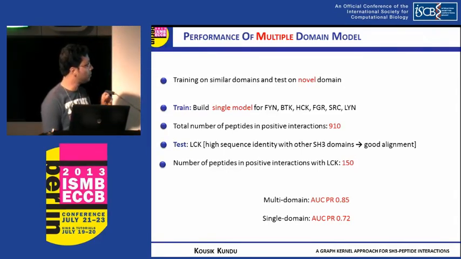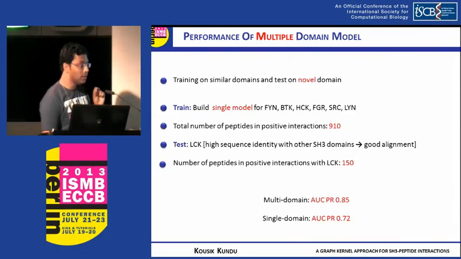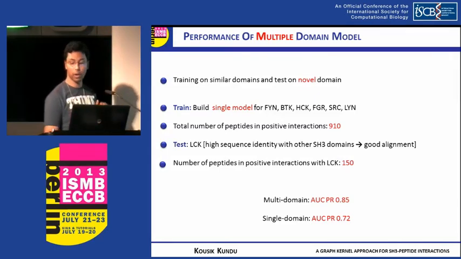Here we take the example of LCK, which is also very sequence similar with this domain. When we use the multiple domain model, we got an AUCPR of 0.85, and if you use a single domain, you got 0.72. We have a lot of positive data points in our training set, 900, but if you use only one domain, you get 150 positive data points.